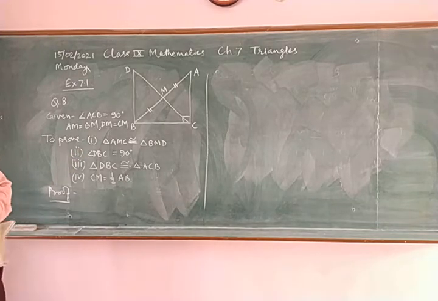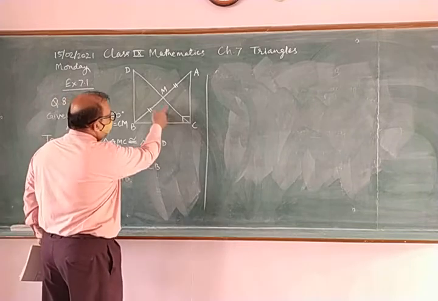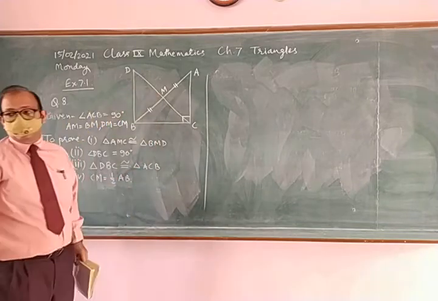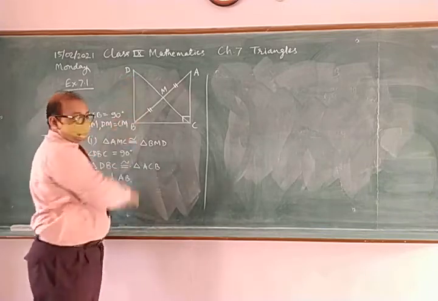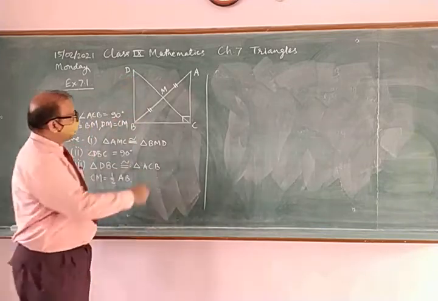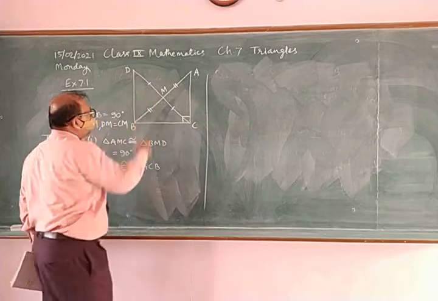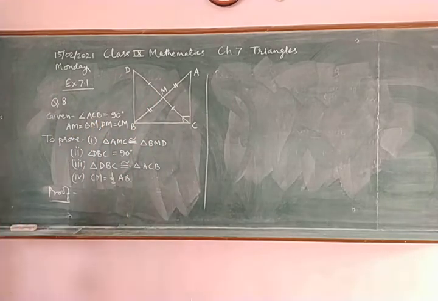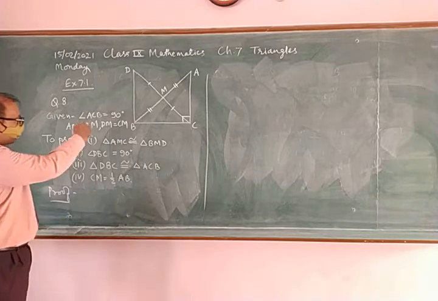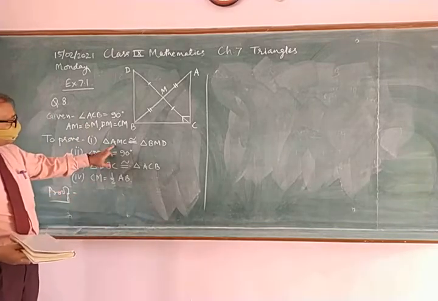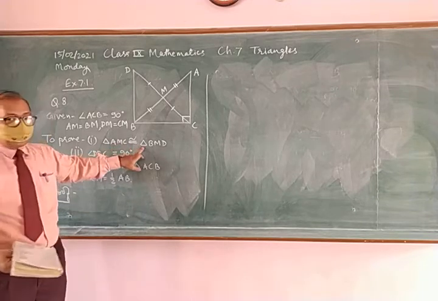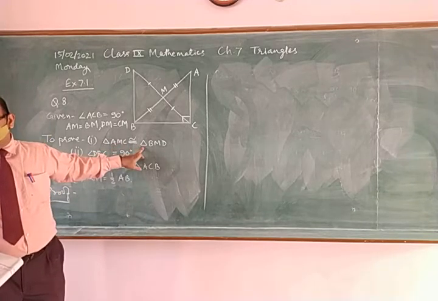And CM is produced up to D such that CM is equal to DM. Now we have to prove: number 1, triangle AMC is congruent to triangle BMD.